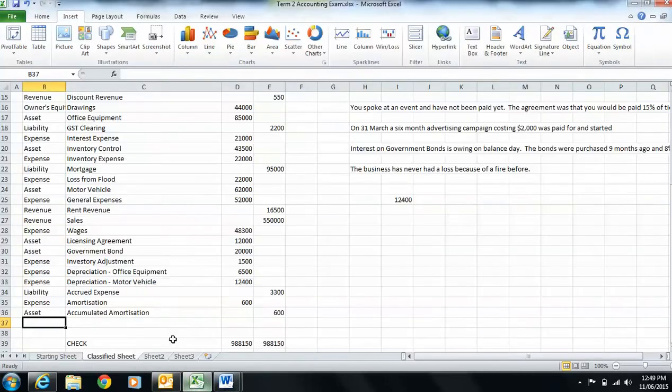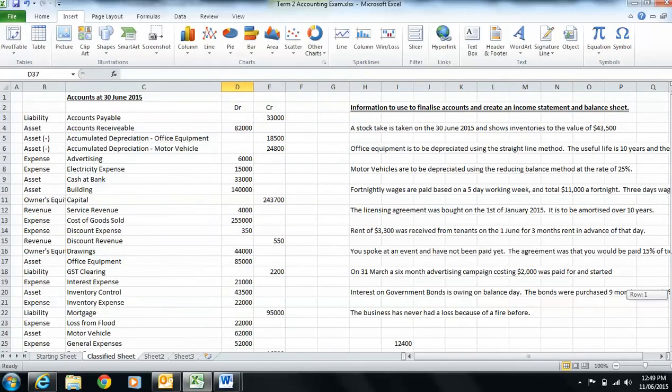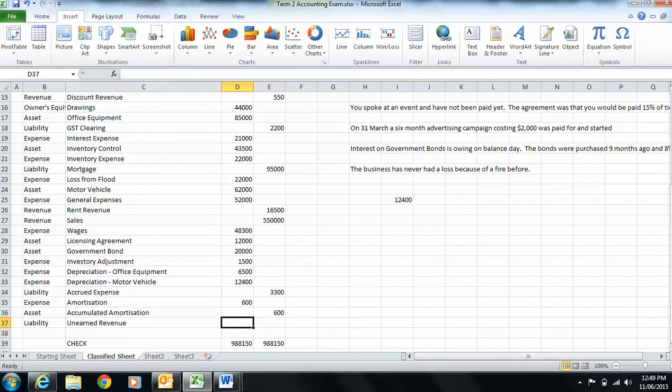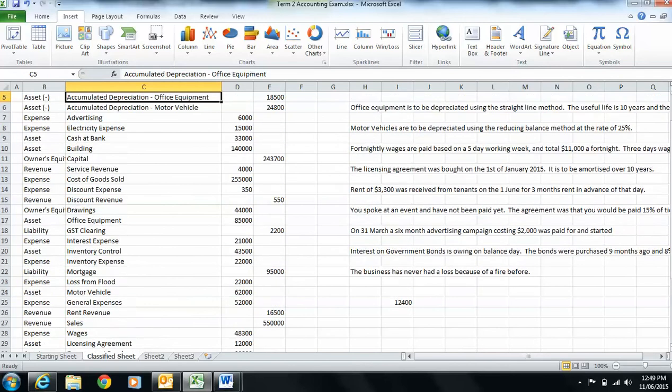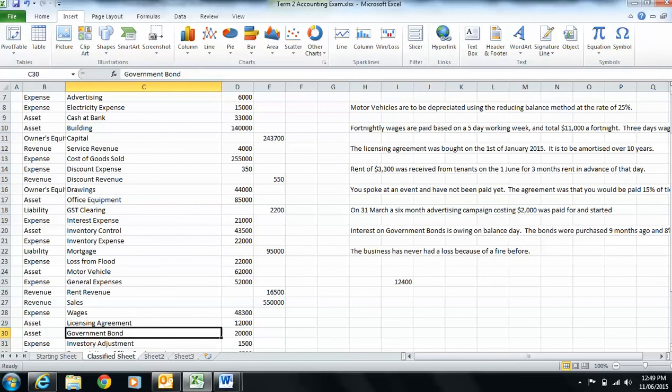Let's add our unearned revenue account first, and unearned revenue is a liability because we've still got to do the work to earn that money. Unearned revenue. And liability accounts have got a credit nature. So unearned revenue is $2,200, and our rent revenue, when we go up and find that, rent revenue.